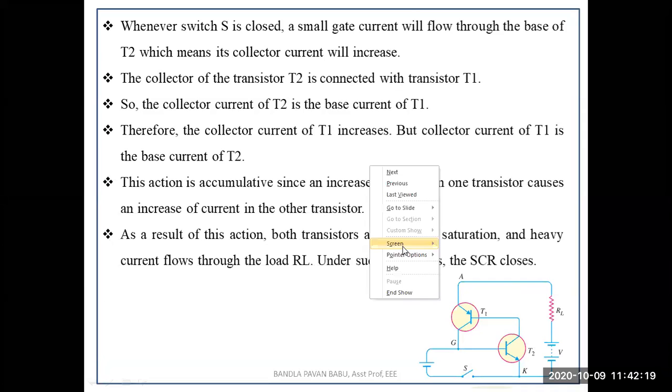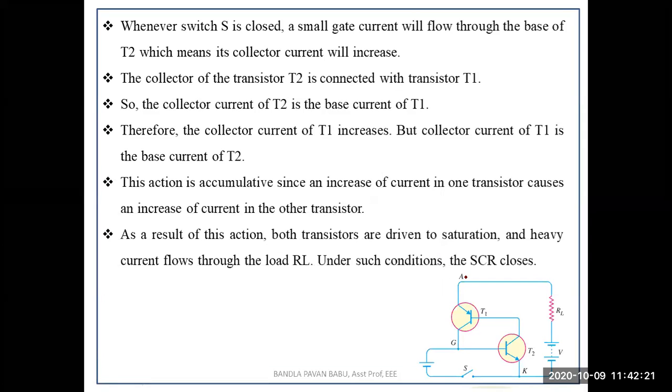Next, the same case when the switch is closed here. When the switch is closed, a small amount of gate current flows through the base of T2, and obviously the collector of T1.